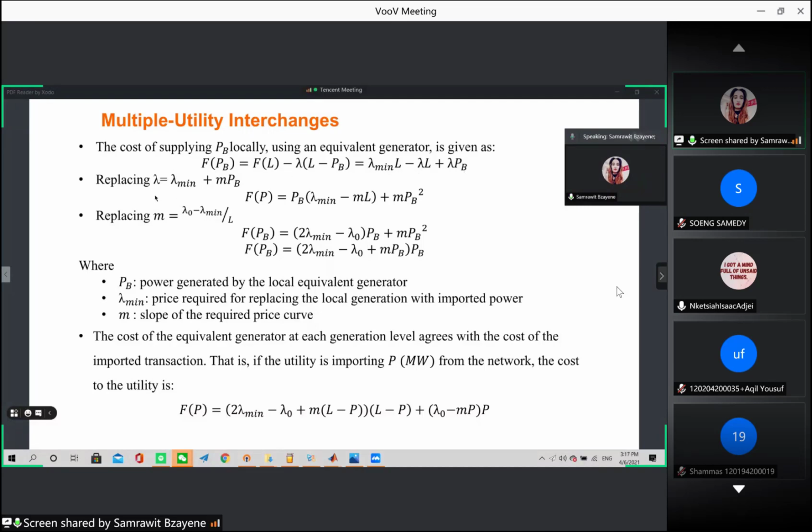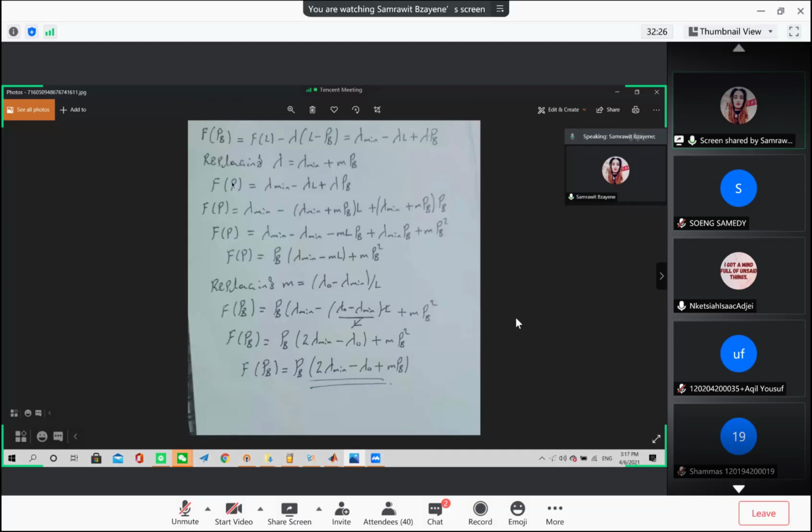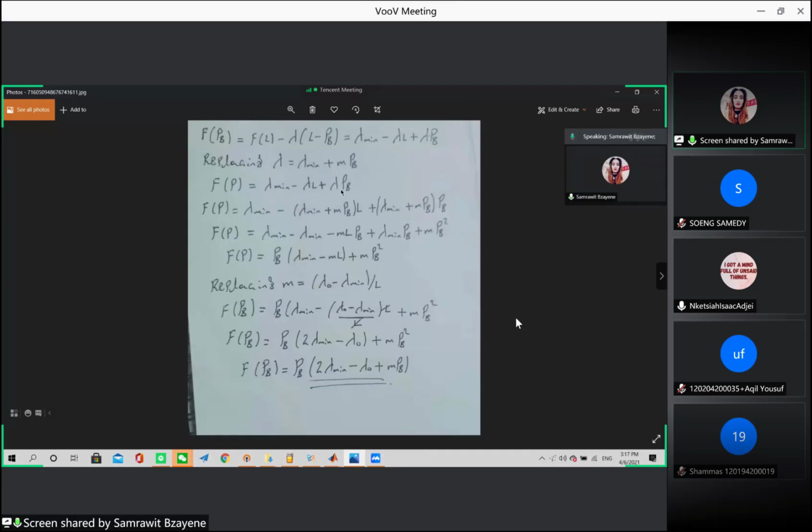So when we replace lambda with lambda minimum plus NPV, the cost of the power will be lambda minimum minus lambda A plus lambda NPV. So here lambda minimum is lambda minimum. So the power will be PV lambda minimum plus NPV squared.